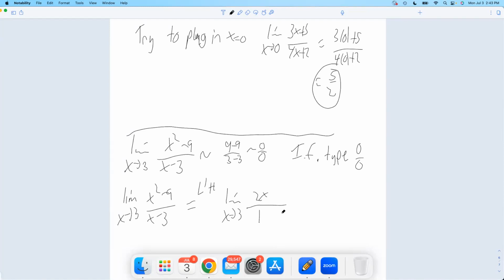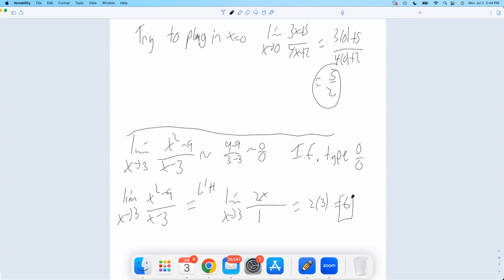Again, mistakes happen here where people get mad. L'Hopital's is fun, so they just keep taking derivatives. Don't keep taking derivatives. You're done. I don't have an indeterminate form anymore. Now I try plugging in 3 again. I get 2 times 3, I get 6.